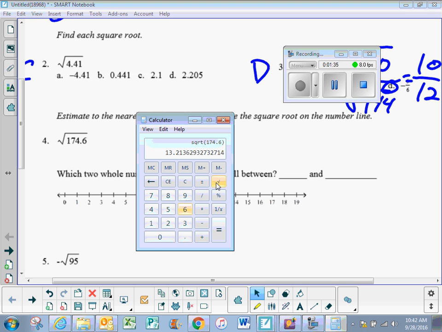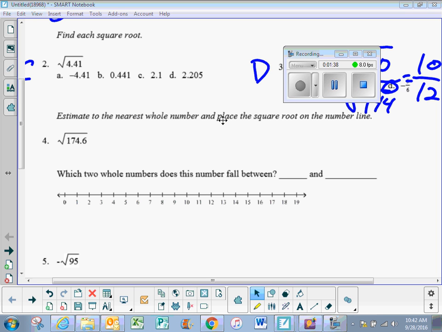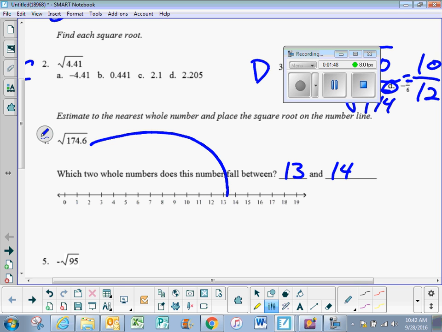That's 13.2-ish. So what two numbers does 13.2 fall between? 13 and 14. Where is 13.2 on the number line? There. That should have been easy peasy, right? I mean, that's all we're asking.